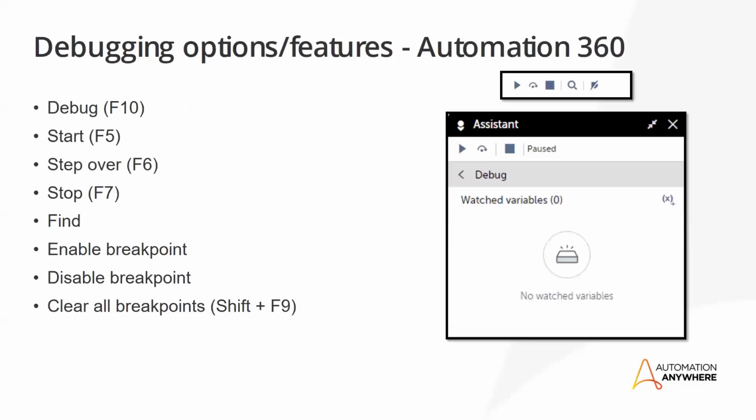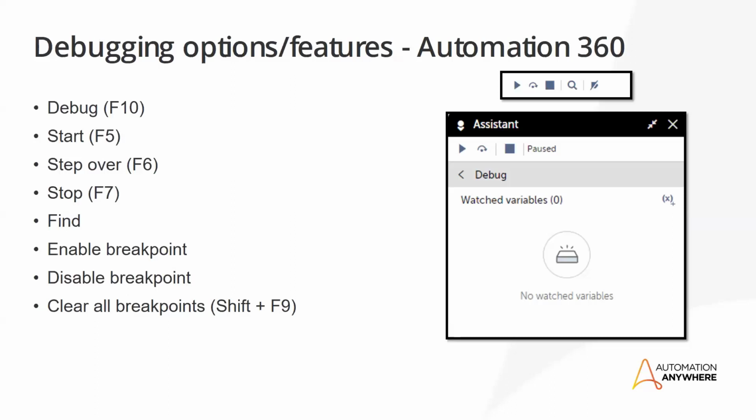Then moving on to the debugging options that are available in the Automation 360 platform. In the image, you can see a small debug menu and an assistant. From the previous session, Maulish has already presented this assistant option where you were seeing the code analysis errors. In the same assistant window, you can also use the debug options.